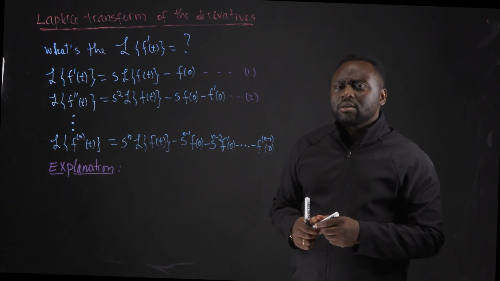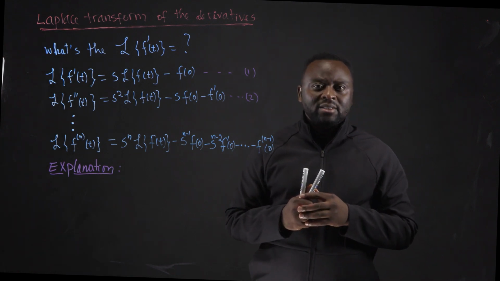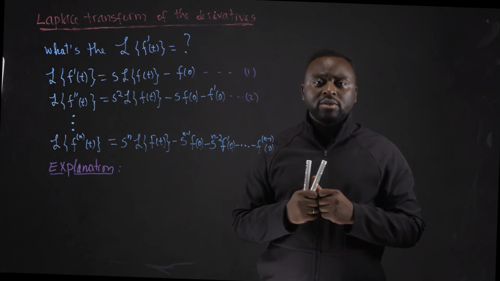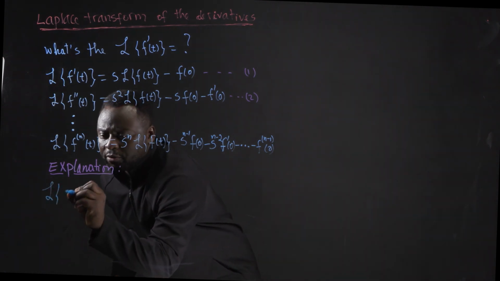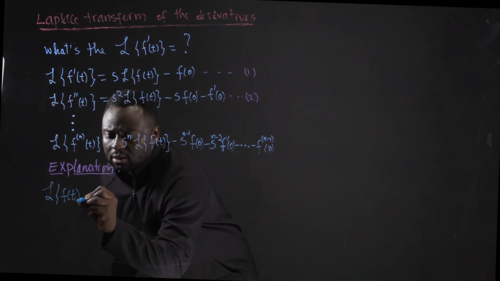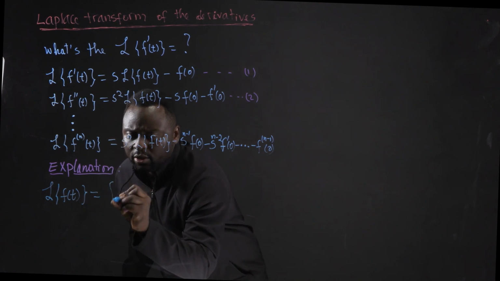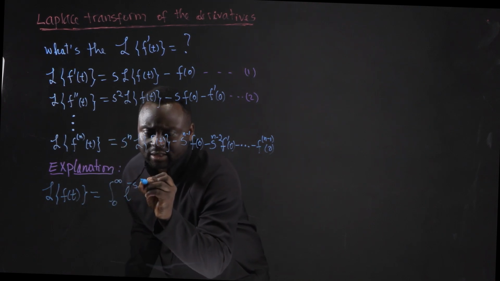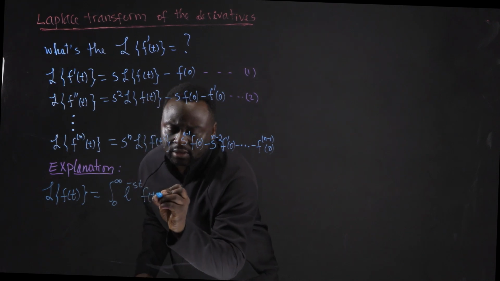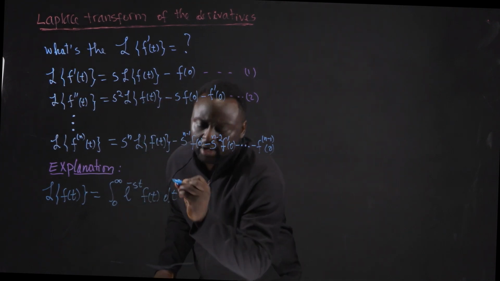Let's start with 1. By the definition of the Laplace transform from the previous videos, the Laplace transform of a function f of t is the integral from 0 to infinity of e to the power minus st times f of t dt.